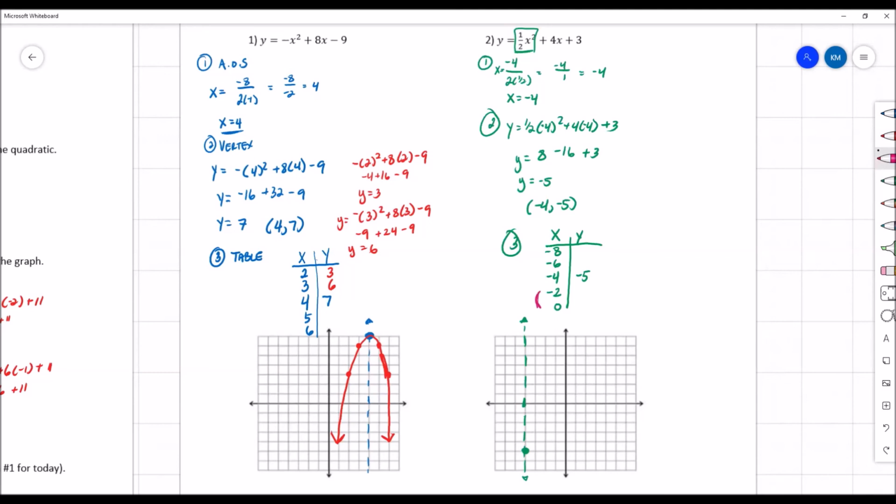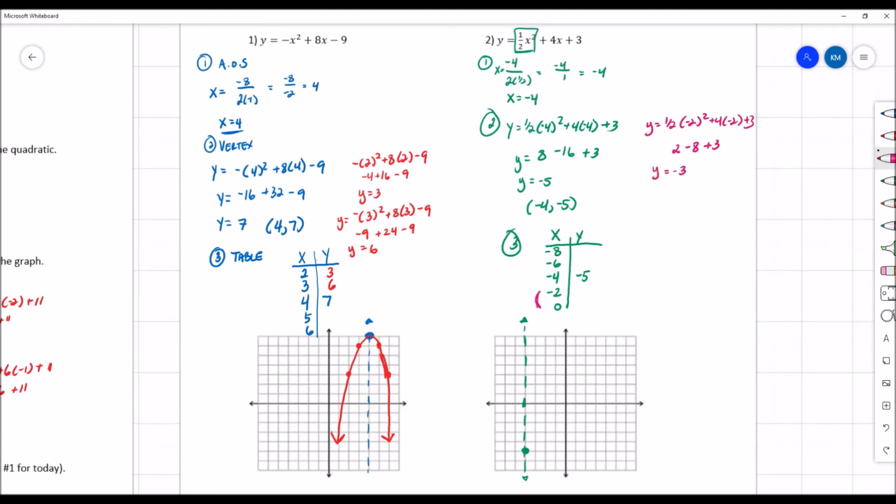So y equals 1/2 times negative 2 squared plus 4 times negative 2 plus 3. That gives me 4 times 1/2, 2, minus 8, plus 3, and so y equals negative 3.